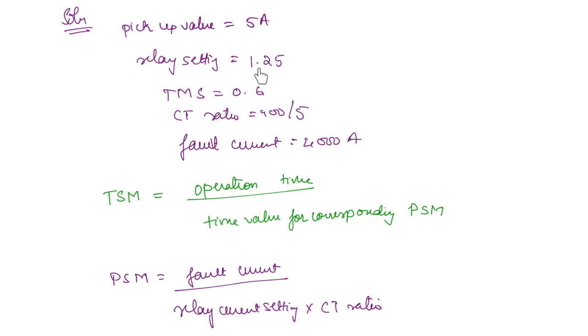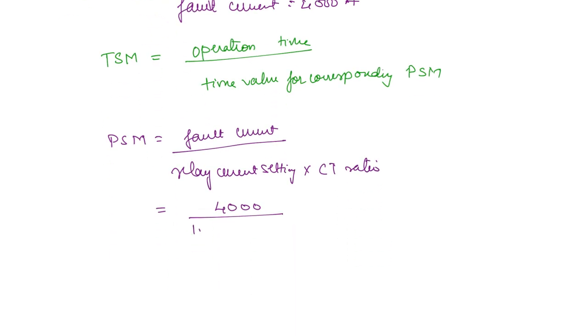The relay setting is given as 1.25 and the pickup value is 5 amperes, which means the relay current will be 1.25 times the pickup value. That is the current at which the relay will operate. So we can write 1.25 into 5, into CT ratio 400 by 5. If you calculate, you are going to get the PSM value as 8.